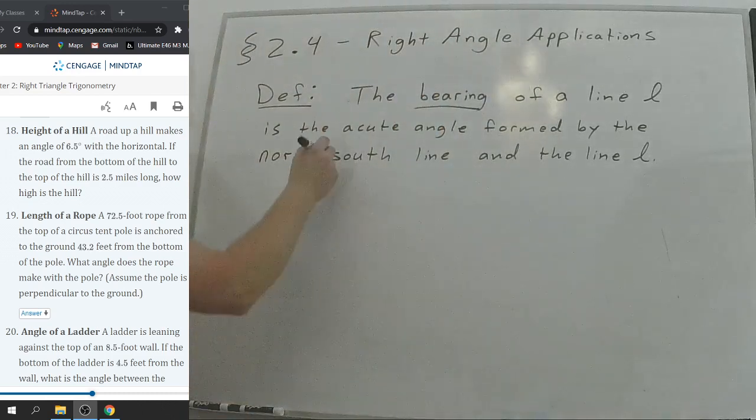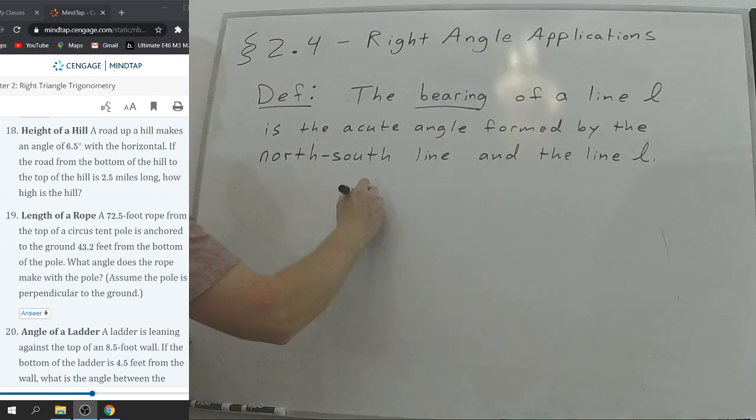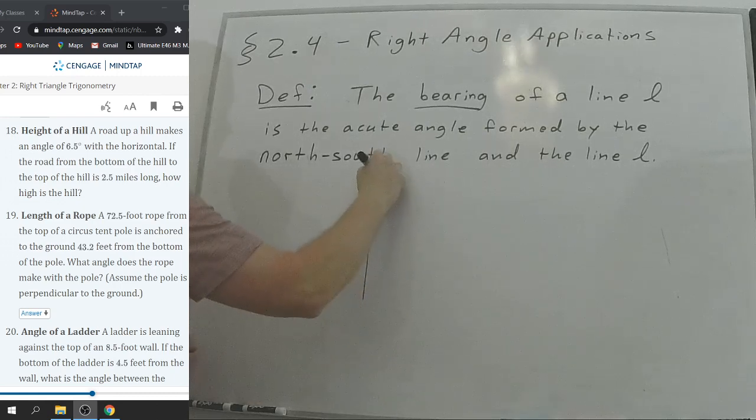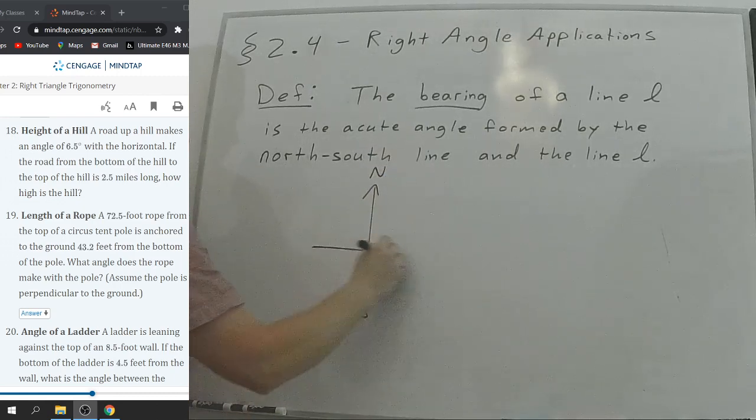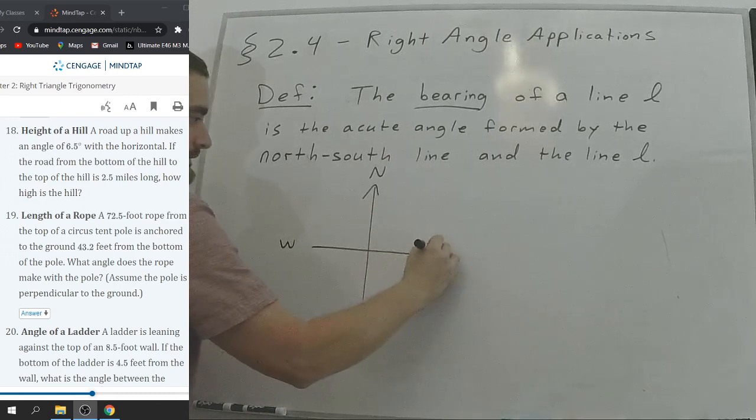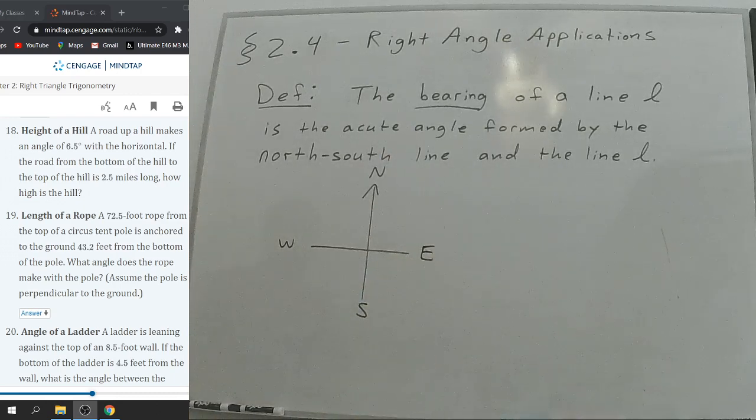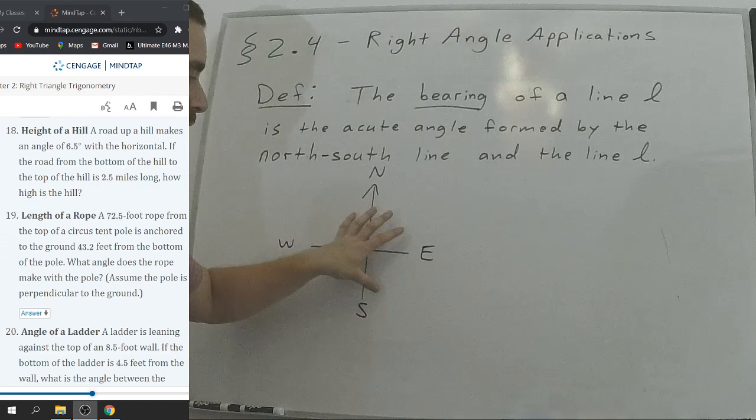So basically what that means is we are looking at our cardinal directions. We have north, south, west, east. When we talk about bearing, we always measure from the north-south line, which feels a little different from looking at the Cartesian coordinate system.